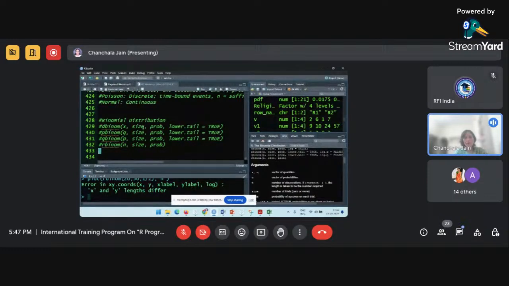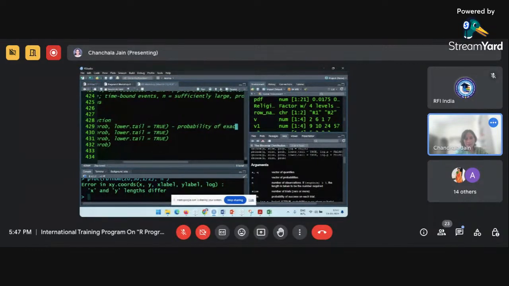If I talk about the first function, dbinom, it gives you the probability value of exact outcome. So when you want to get the probability of an exact outcome, you need to use this function, right?